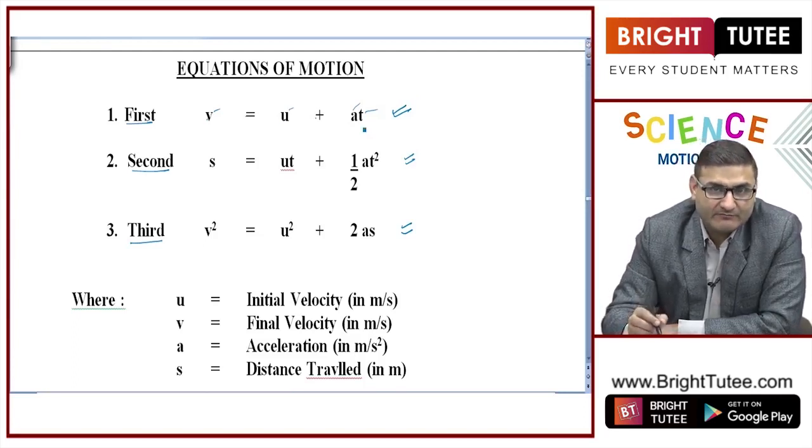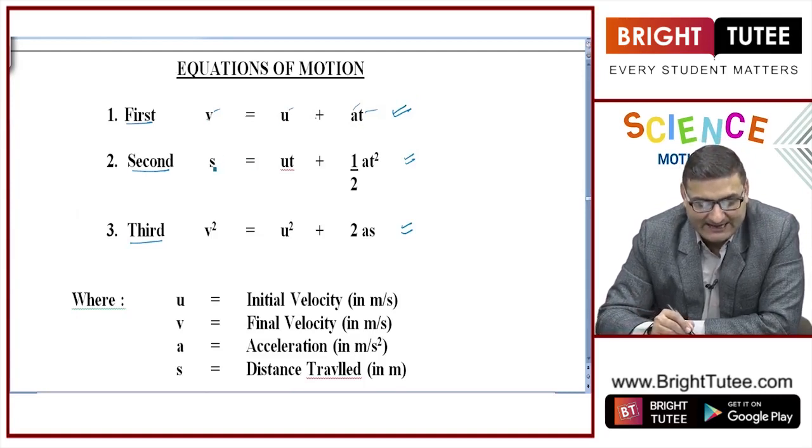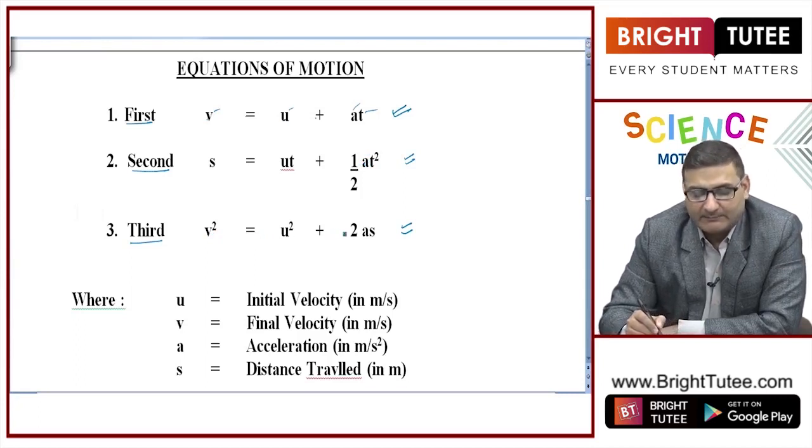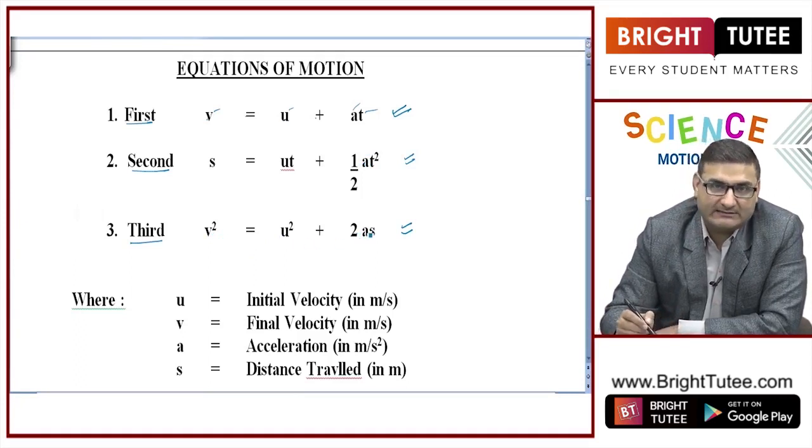The second equation of motion states that s is equal to ut plus half at square. The third equation of motion says that v square is equal to u square plus 2as.